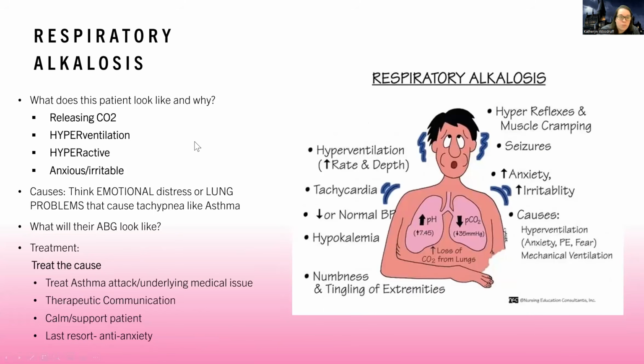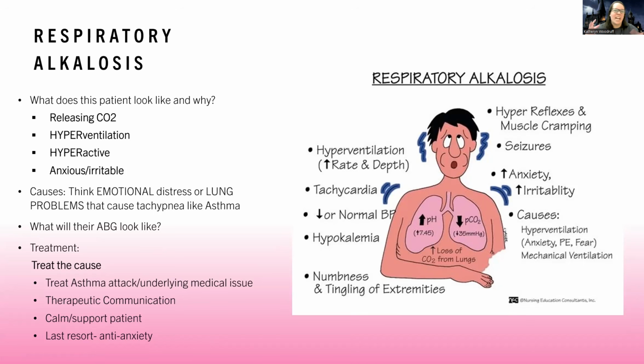On the other end of the spectrum, there's respiratory alkalosis. And this patient looks like the opposite. If it's acidosis, they're holding on to acid. If it's alkalosis, they're losing acid or they have too much bicarbonate. In this case, they're losing too much acid through their lungs because they're breathing too fast.